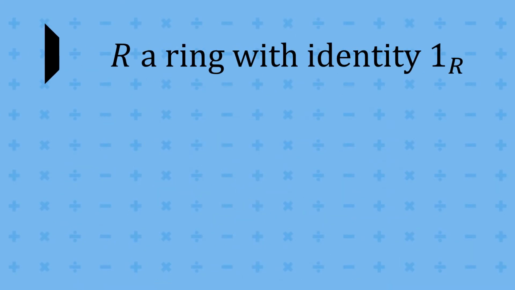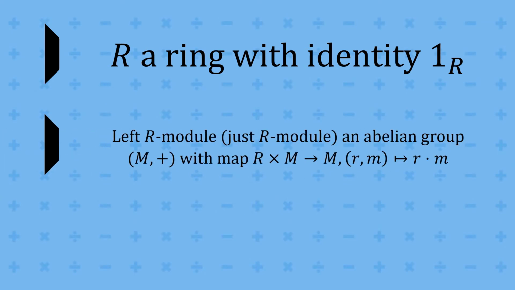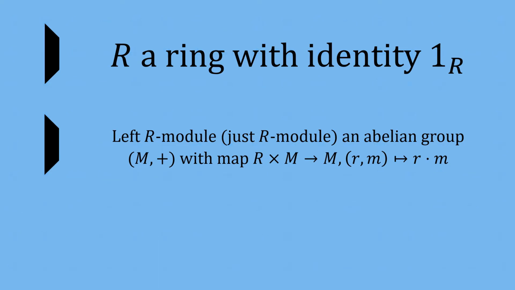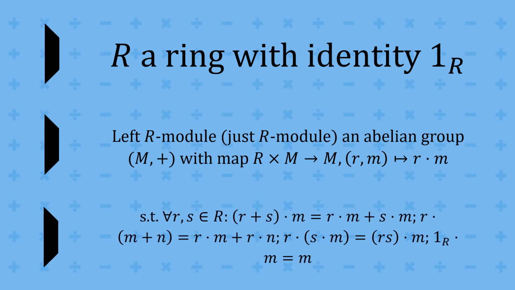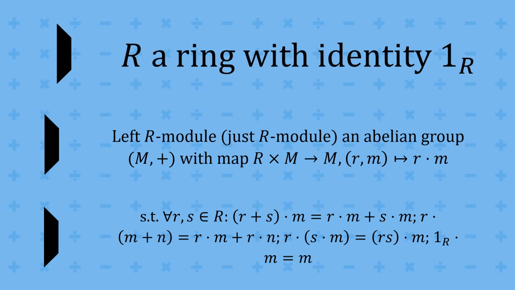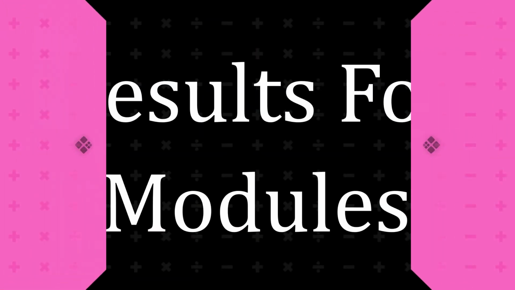The formal definition is as such: let R be a ring with identity element 1_R, then a left R-module, sometimes just called an R-module, is an abelian group M with addition together with a map R times M to M, sending (r, m) to r dot m, such that for all r and s in R, the following equations hold. Now, let's give some useful results for modules.